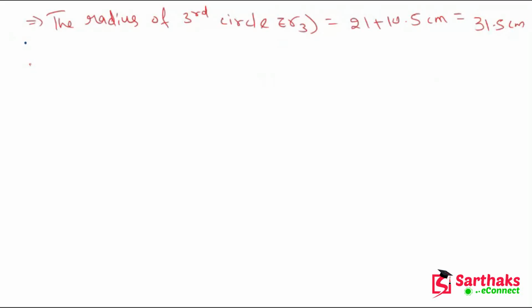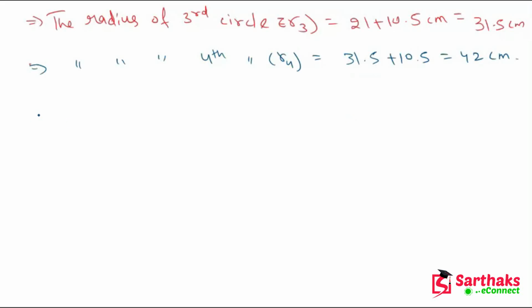The radius of the fourth circle, R4, equals 31.5 plus 10.5, so this will give 42 centimeter.